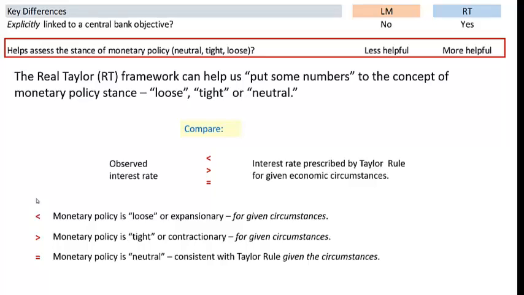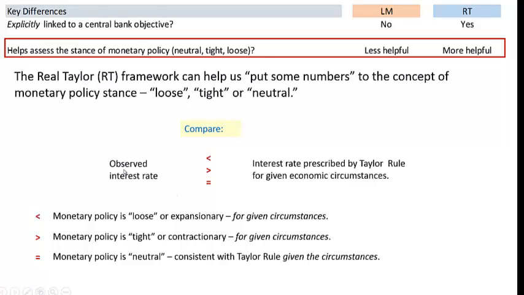It's going to be a little bit more helpful. When we make this assessment of monetary policy stance, we essentially compare the observed interest rate that we see with the interest rate that's prescribed by the Taylor rule for given economic circumstances. Is it less than, greater than, or equal?